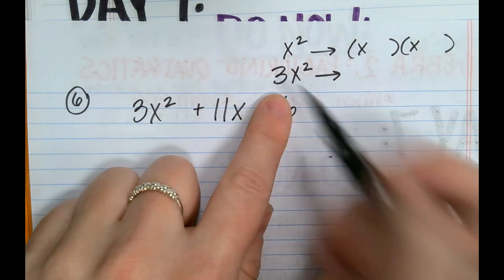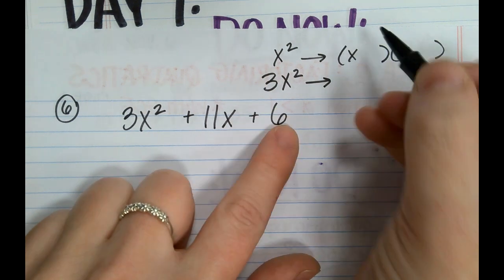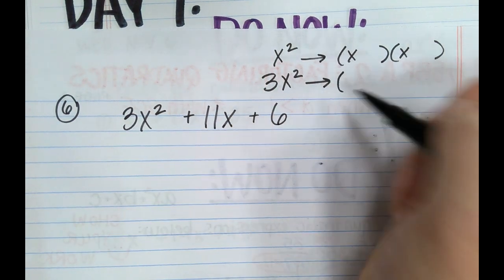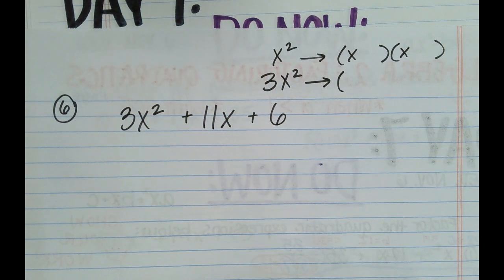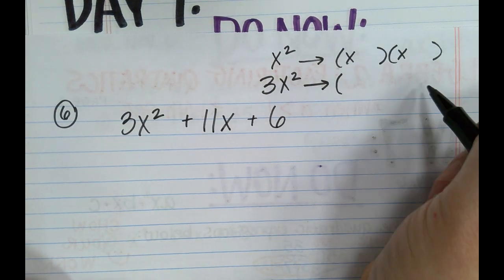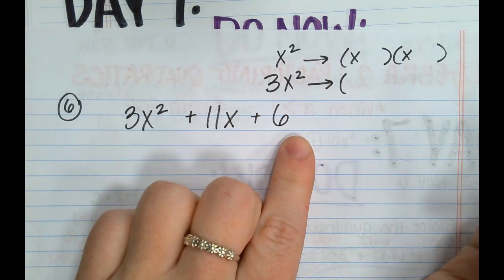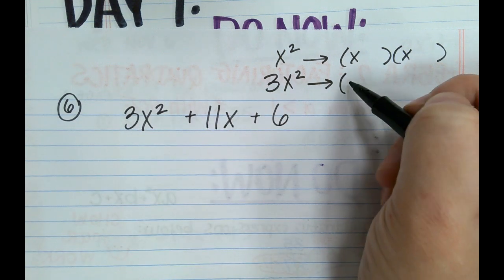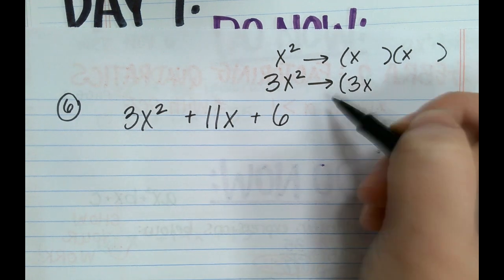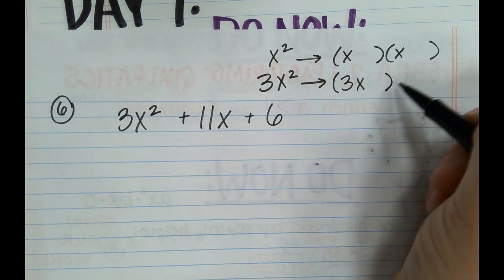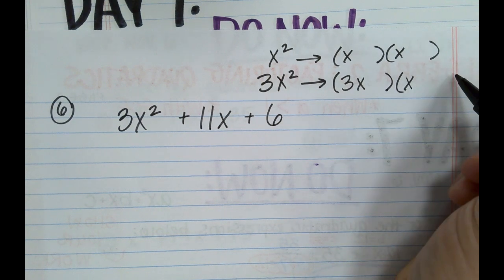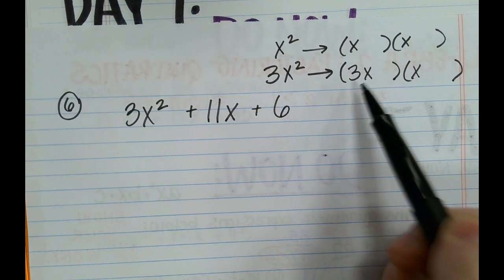So our a, which is 3, needs to be in our answer so that when we multiply out these binomials, we get 3x squared. So let's put 3x here and make the other one x.